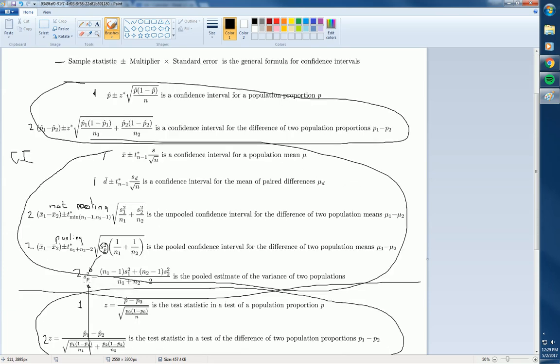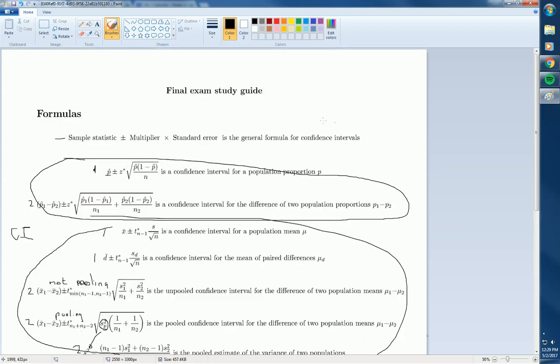So let's look at a couple of these formulas and make sure we know how to use them. If you were asked to find a confidence interval for a population proportion, you need a p hat. Sometimes the problem gives you p hat, sometimes you have to calculate it.